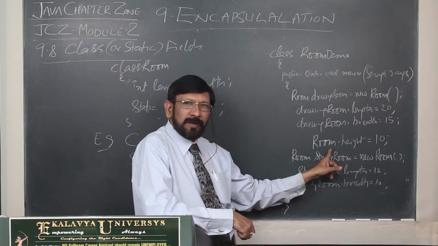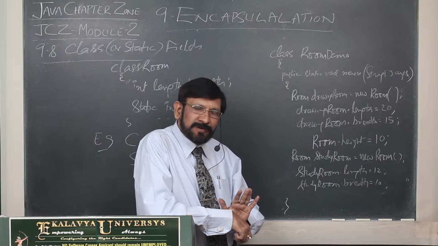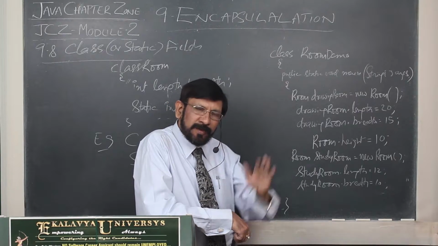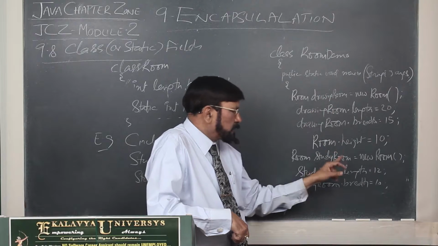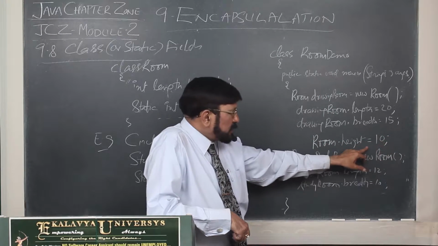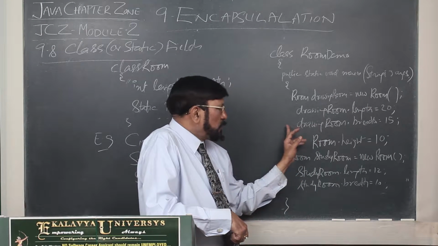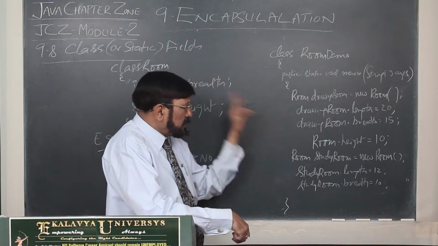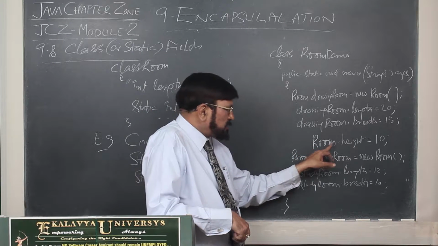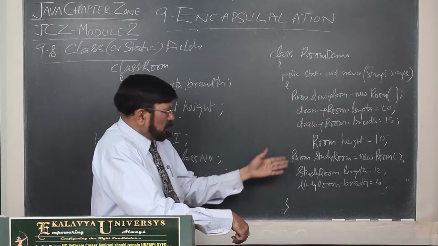Now we see room dot height. It is not relating to an object. It is common for every room, all the rooms in the building. So room dot height 10. This can be used for any room. So that is class dot variable name. This is the syntax.